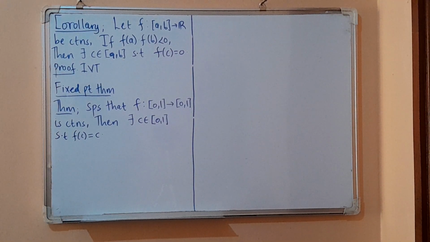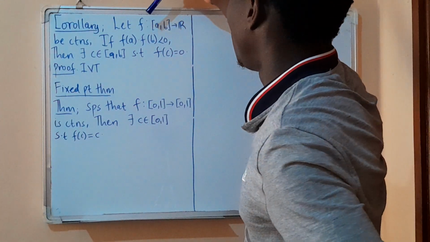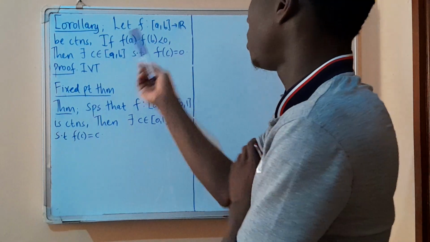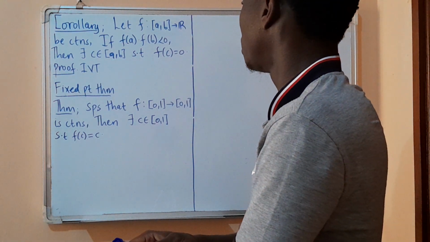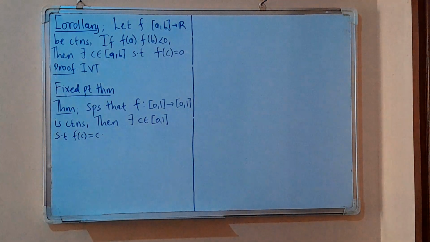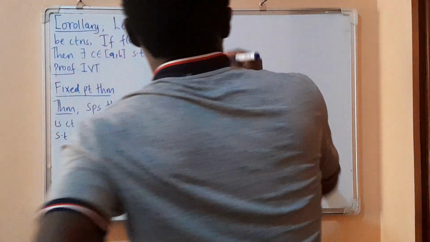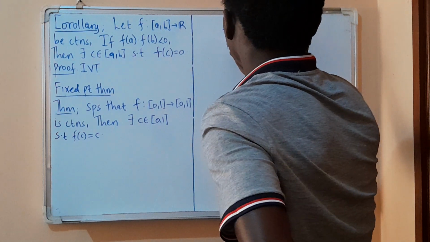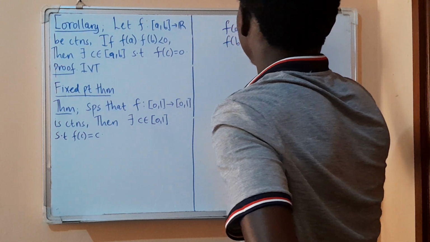We have a corollary from the intermediate value theorem. If f is a function mapping this interval [a, b] to R, and f is continuous, and if f of a and f of b differ in sign, that means maybe f of a is positive and f of b is negative, or the other way around.